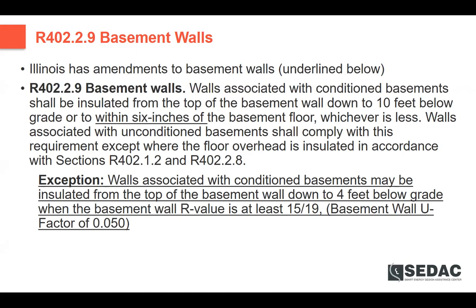There is an exception to allow you to only insulate down 4 foot below grade if you add additional insulation. One thing that can cause issues is if you stop your insulation early, particularly with metal studs, this can cause major conduction issues and potential mold in the future.